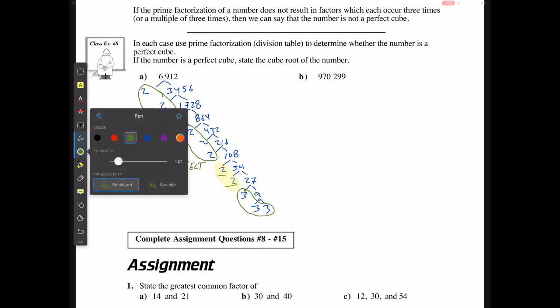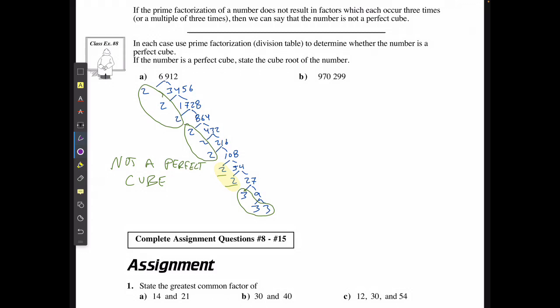If I'm trying the same process with 970,299, I can say that this splits into 3 and 323,433. This is 3 and 107,811.